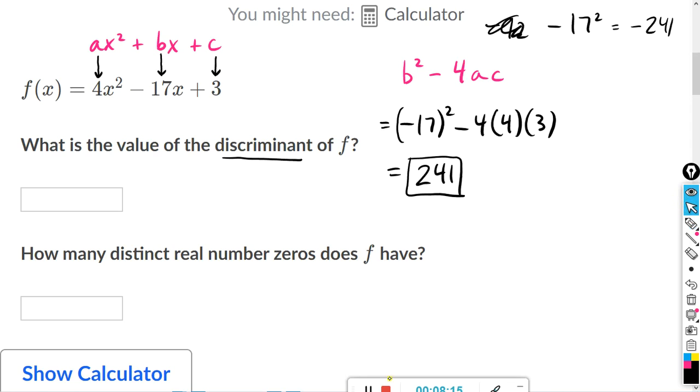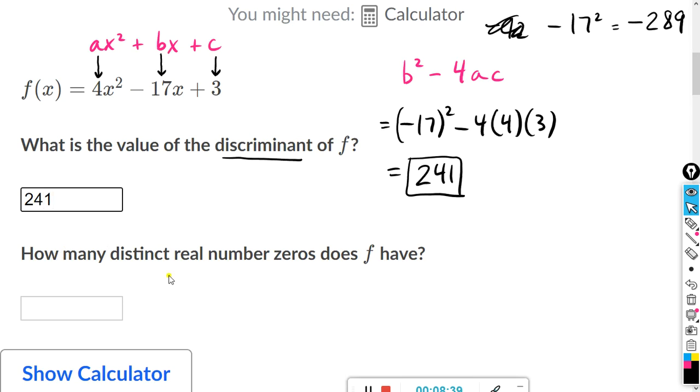If you type negative 17 squared in the calculator, it will give you negative 289. But if you use the parentheses, it does negative 17 times negative 17, and it will be positive like it should be. So the discriminant is 241.